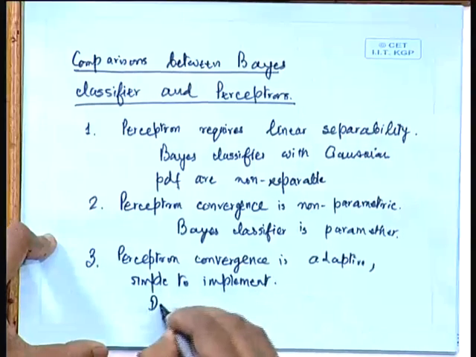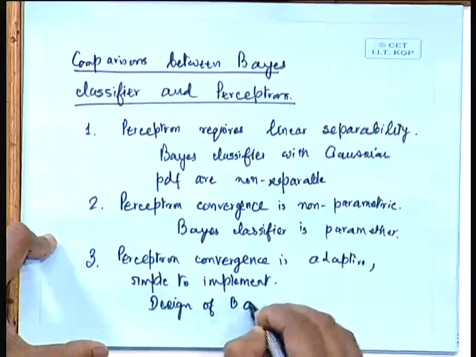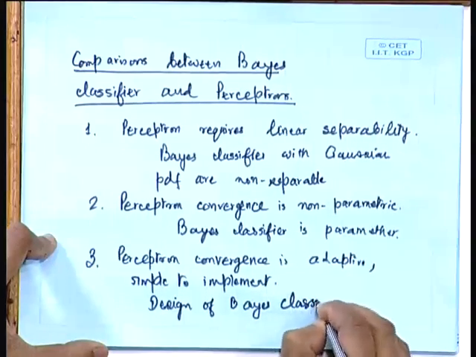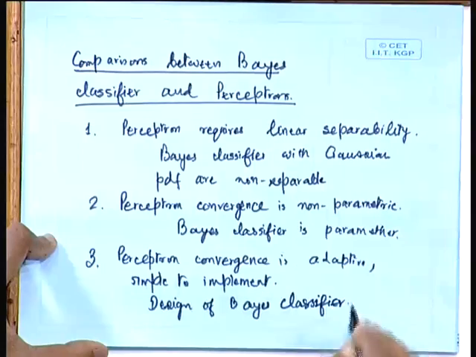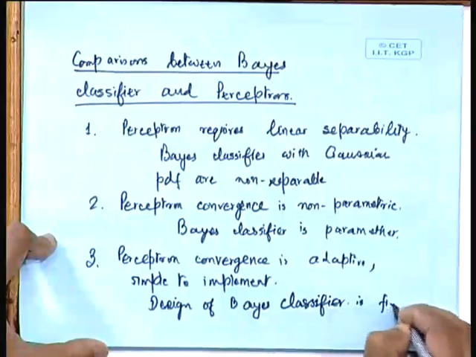Whereas the design of Bayes classifier is fixed, because in this case the design of Bayes classifier is very much dependent upon the log likelihood ratio that we are computing. So, it is fixed.